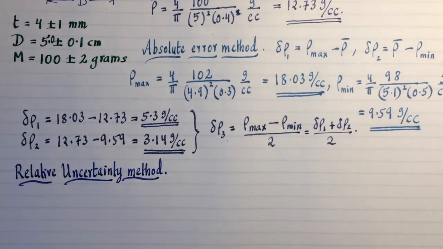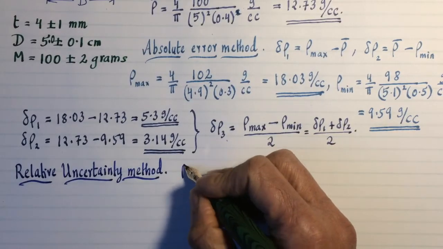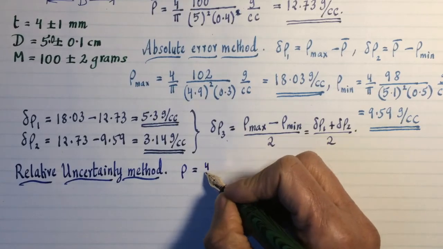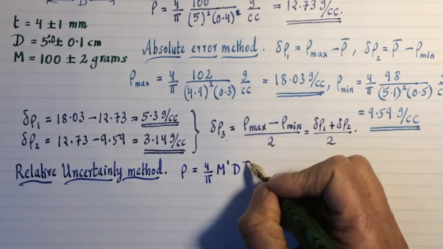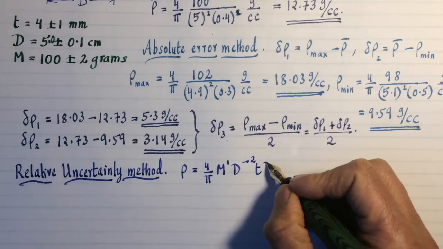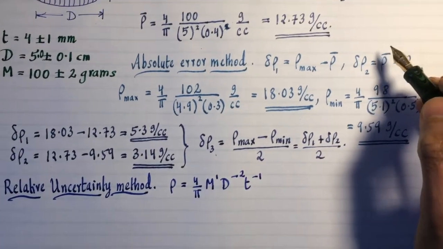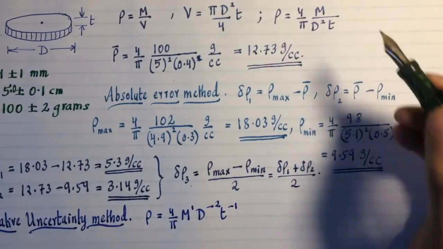So the relative uncertainty method, you can start by writing the formula for density slightly differently. You write it as 4 over pi m to the power 1 d to the power minus 2 t to the power minus 1. So that formula there, you can write like that.